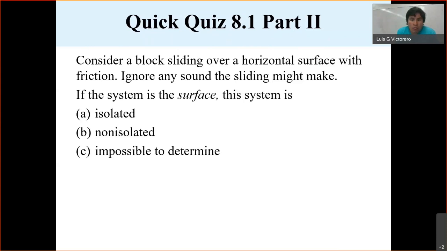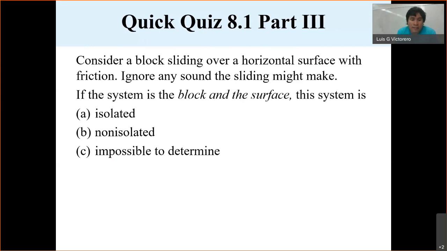If now you have, again, friction, and even if you ignore sound, you still are in a non-isolated system, right? The only way you're going to have an isolated system is if you have the block sliding on a horizontal surface and you ignore any sound, and if the system, wait, is this?